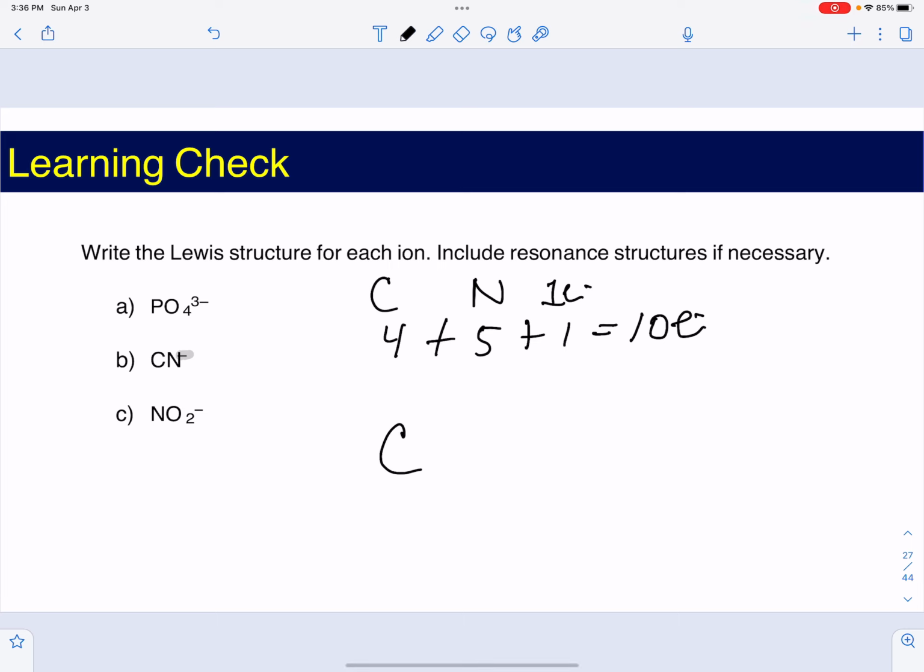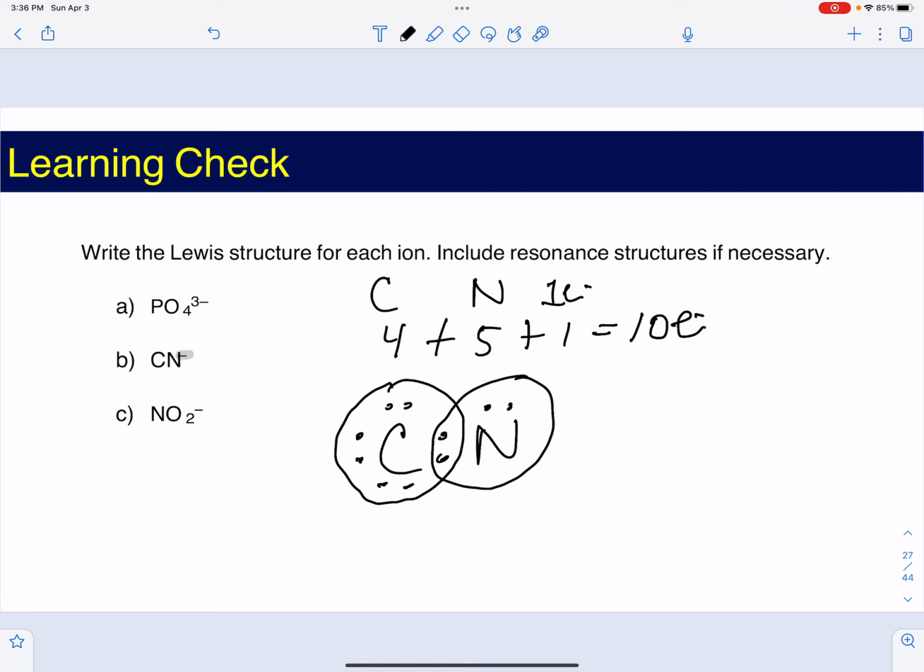So carbon and nitrogen, 1, 2, 3, 4, 5, 6, 7, 8, and that will be 10 electrons. If you notice, the carbon is okay, but the nitrogen is missing 4 more.